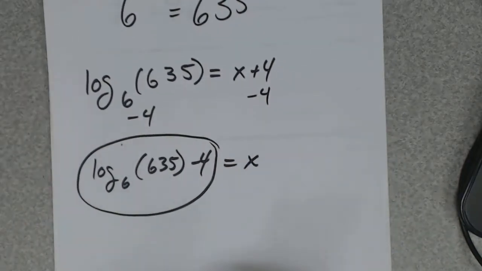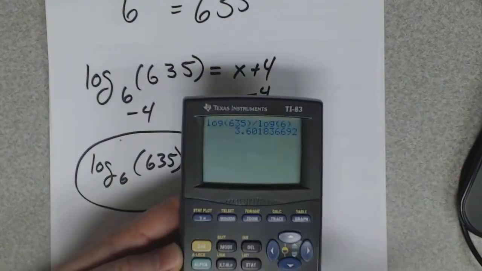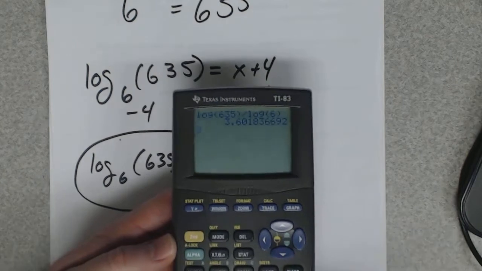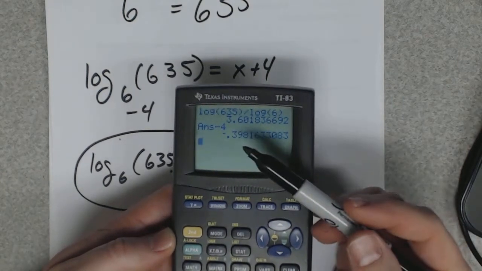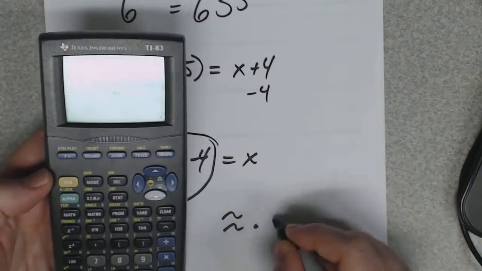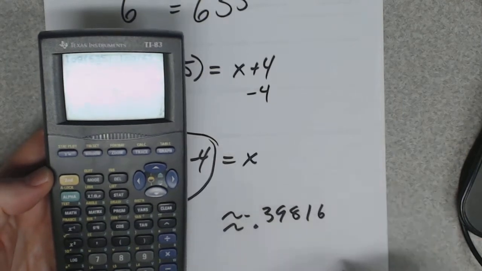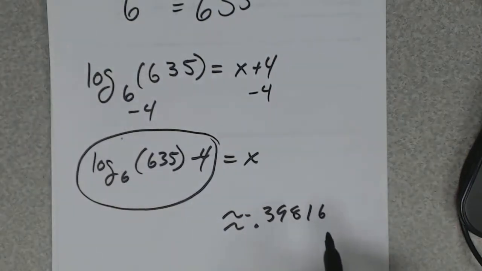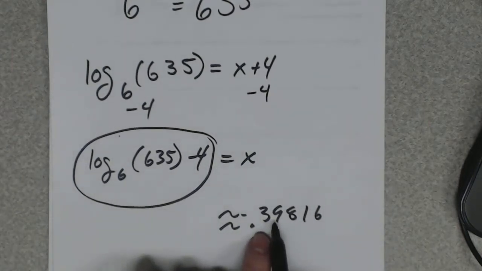I can put in log base 6 of 635 just like this and get 3.6018, and then subtract 4 from it. So my decimal approximation is approximately negative 0.39816. It says rounded to 2 decimal places.